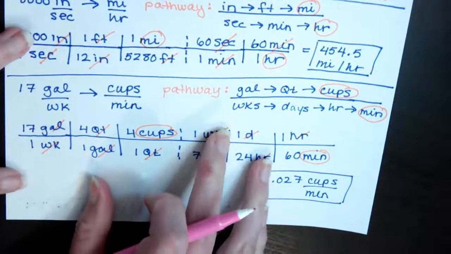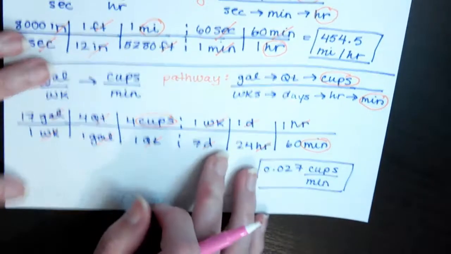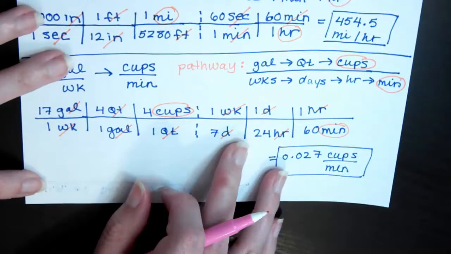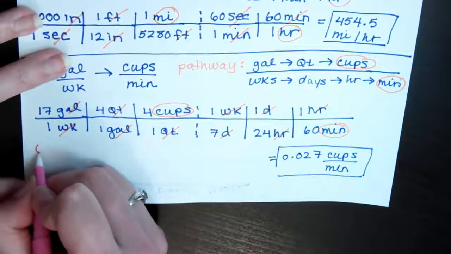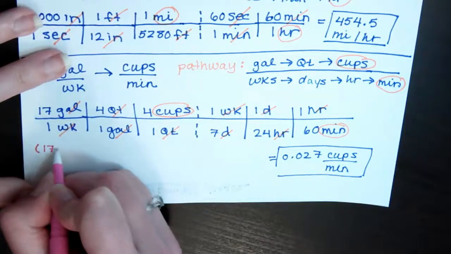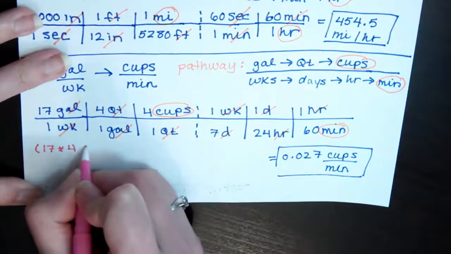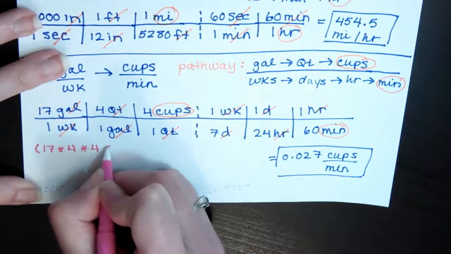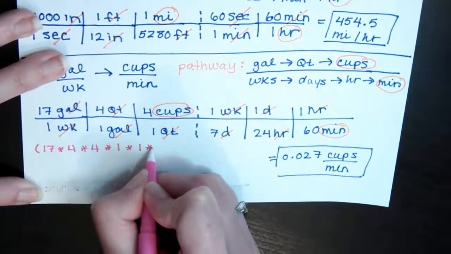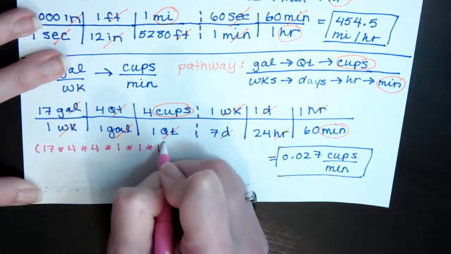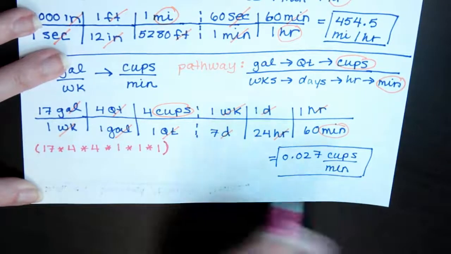Remember, be careful with your calculator. I'll just show you what this would look like in my calculator. You may have a different one, but this is how I like to punch it in my calculator. Everything on the top goes in one set of parentheses. I know in real life we would not be multiplying by 1 over and over, but technically that's what we're doing.